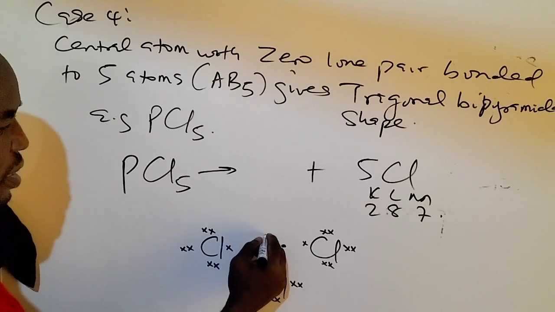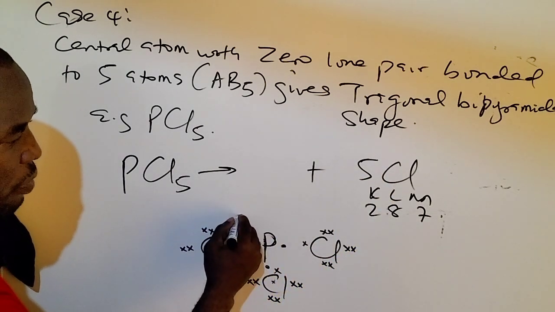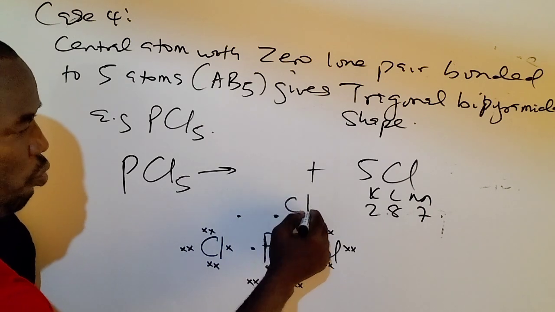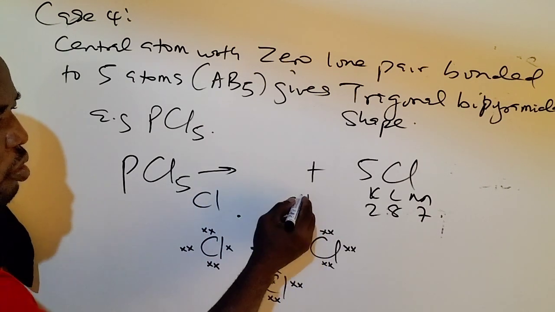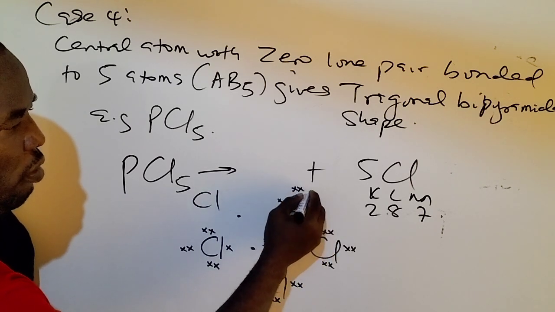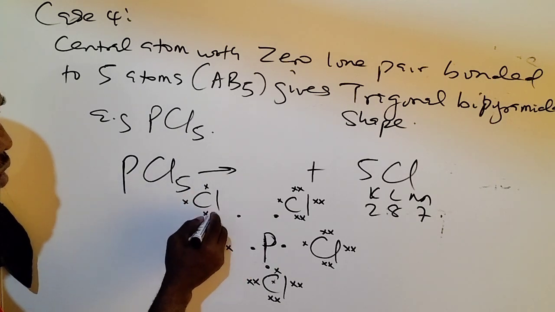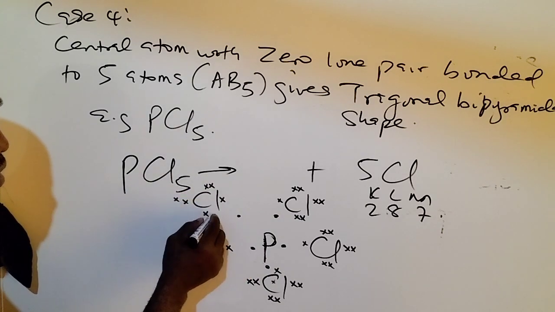That's what we call expanded octet theory. To accommodate the 5 chlorine, the 2 paired ones will separate, unpair, each of them going with 1 chlorine atom. So now I have 1 to 7, and 1 to 7.